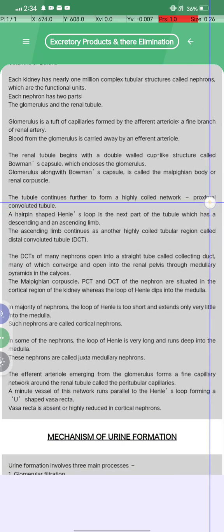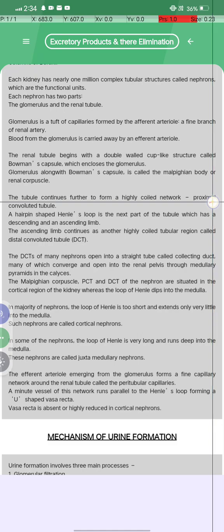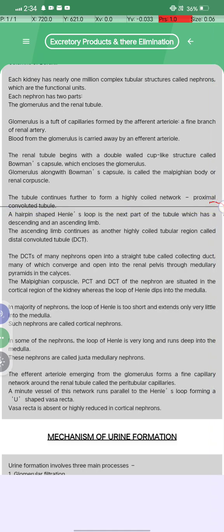The tubule continues further to form a highly coiled network, the proximal convoluted tubule. The hairpin-shaped loop of Henle is the next part of the tubule, which has a descending and an ascending limb. The ascending limb continues as another highly coiled tubular region called the distal convoluted tubule, DCT.